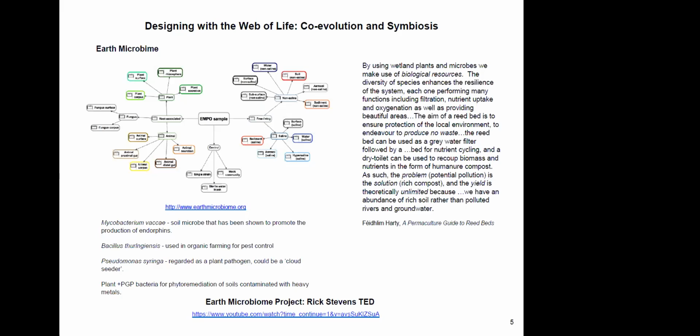At the bottom I put a link to a talk by Rick Stevens, who's one of the scientists involved in this. It depends very highly on a lot of computer technology, very fast computers.